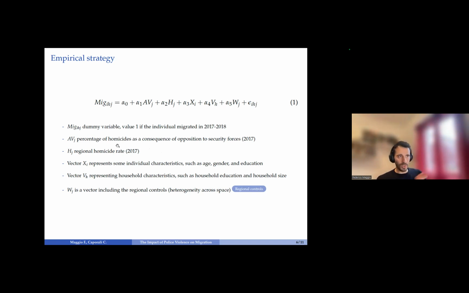I'm going to show you the results of this specification, but in the paper you can also find the specification in which we put the logarithm of homicides committed by security forces plus the homicides committed by civilians. Then we control for some individual characteristics, for some household characteristics, and we also include a full set of fixed effects.